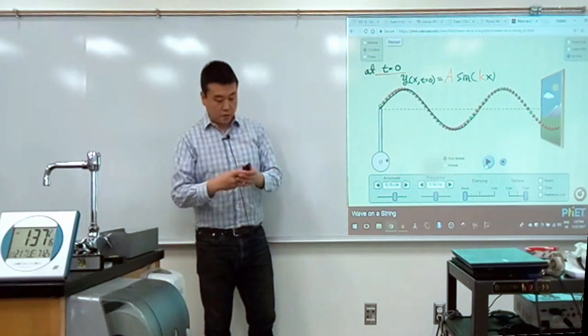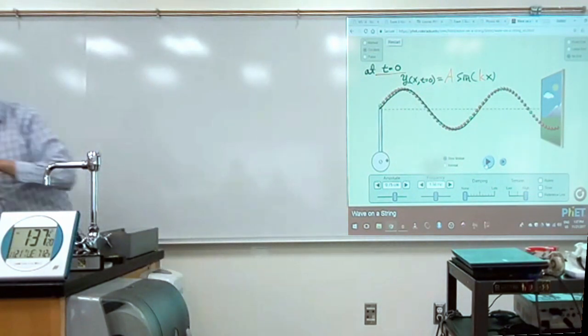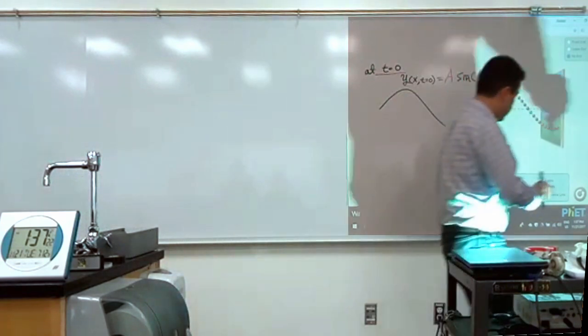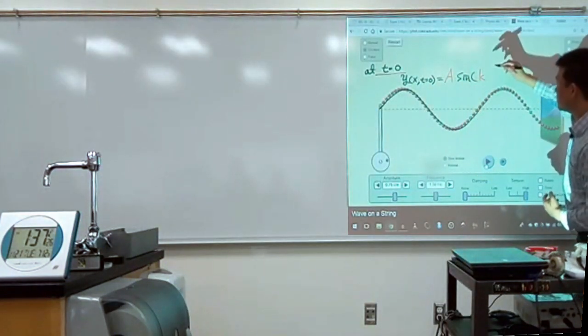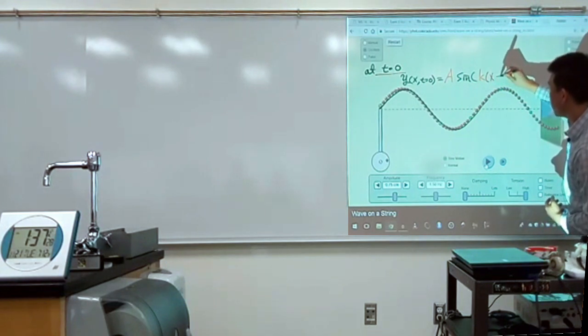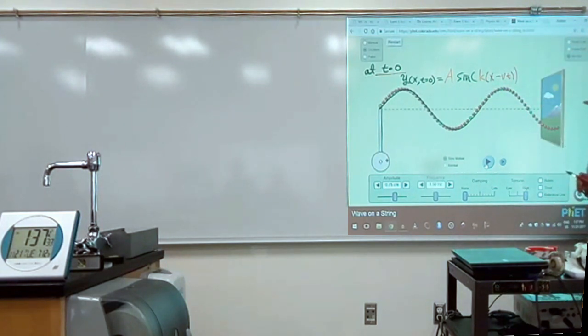So the way I should modify what's written here is that where I see x, I should replace it with x minus vt. That's what you do for translation, right? And this is what we did last time too.